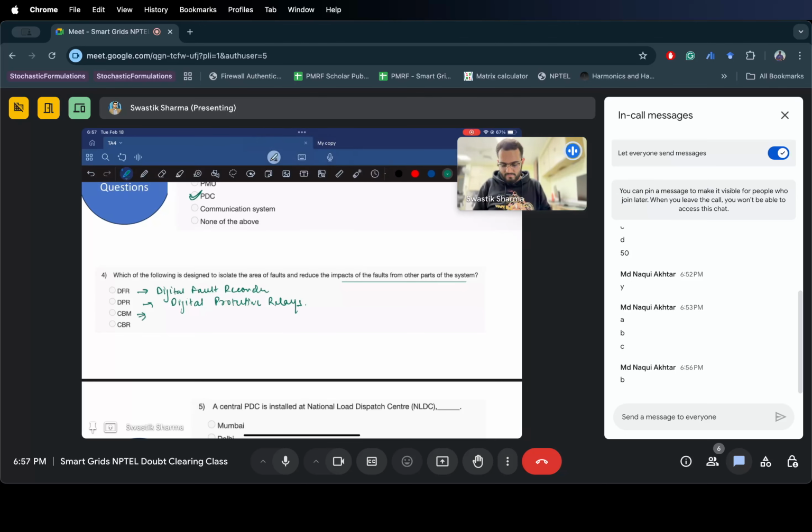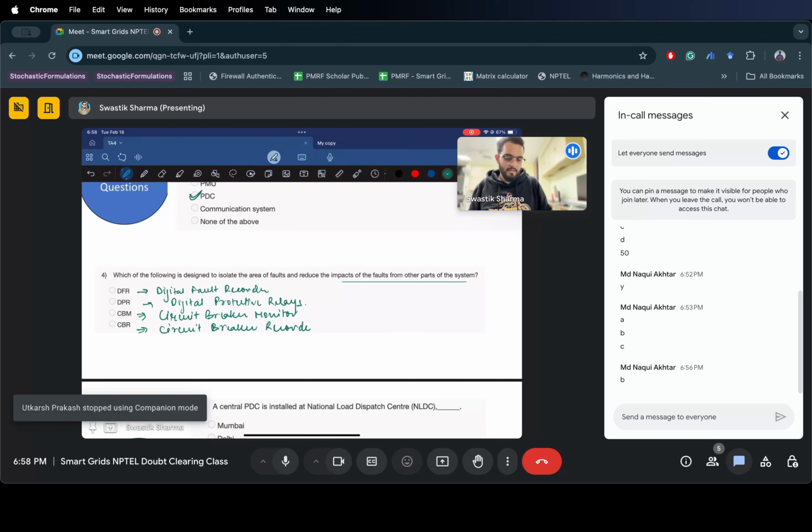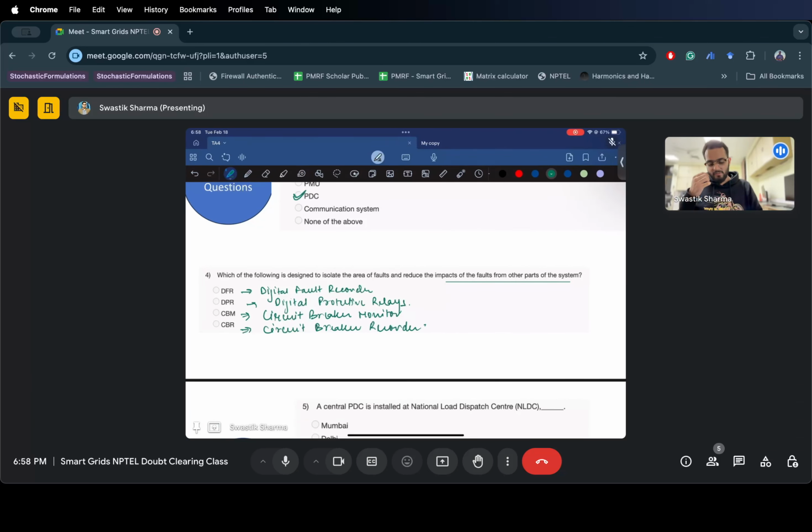Your CBM is circuit breaker monitor, and your CBR is, I hope it is recorder only, right? So which of the following do you think isolates a fault? DPR, right? The relays are used to isolate the area of faults and reduce the impact.